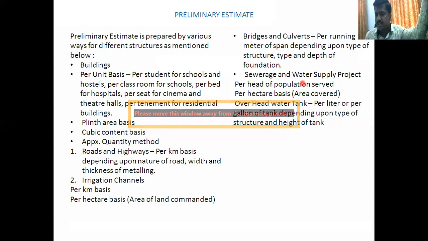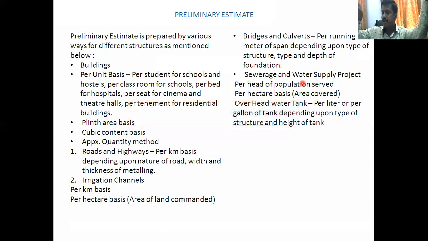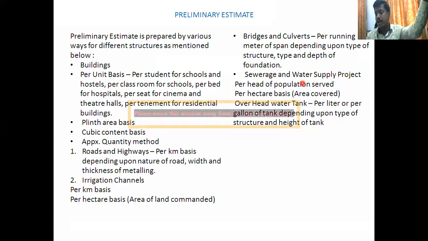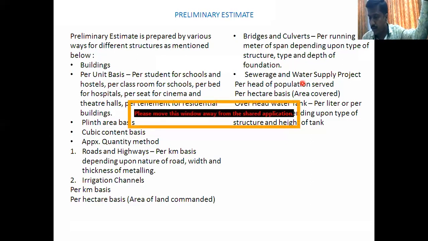See, everywhere the capacity is written, and based on that you are going to prepare your estimate, what type of material you require to construct your overhead water tank. So capacity to store the water is very important in the case of water tanks. It may be an overhead or an underground water tank.